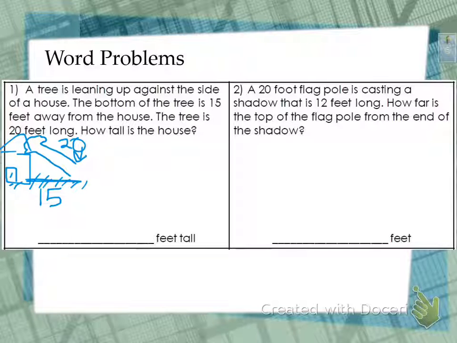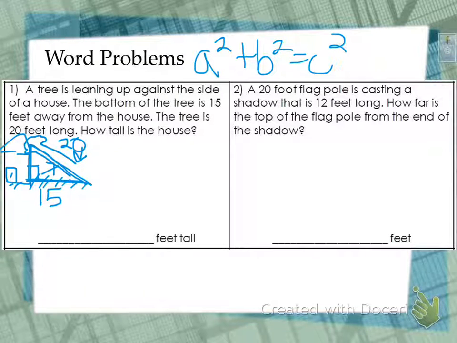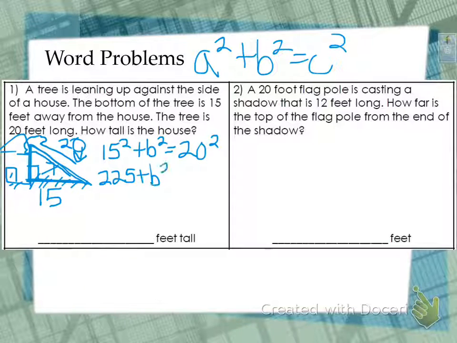So as I look at my picture here, I see my triangle looks like this. The bottom is 15. It looks like my hypotenuse is my 20. So I am missing a leg. So I'm going to set my problem up: 15 squared plus b squared equals 20 squared. 15 squared is 225 plus b squared equals 400.